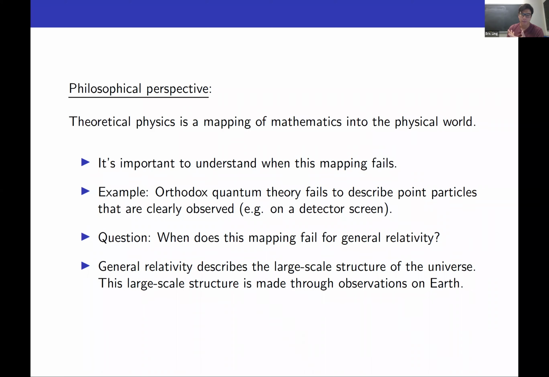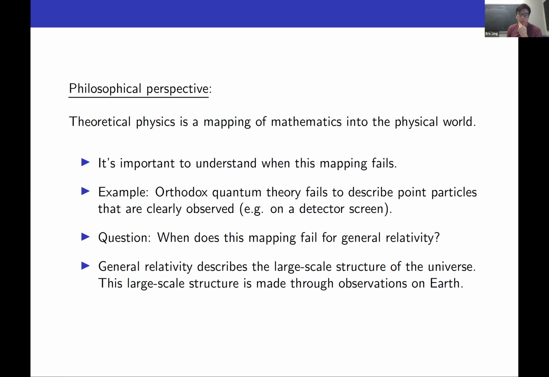An example, well known amongst all of us, is that orthodox quantum theory fails to describe point particles that are clearly observed, like on a detector screen. One could say maybe this isn't necessarily a failure of orthodox quantum theory, but it's not complete. It's not describing the full story of what we are observing, in particular, we are observing particles when they get detected on a screen.